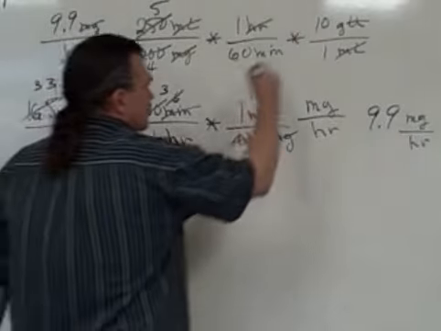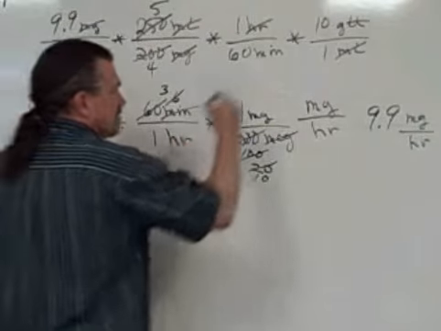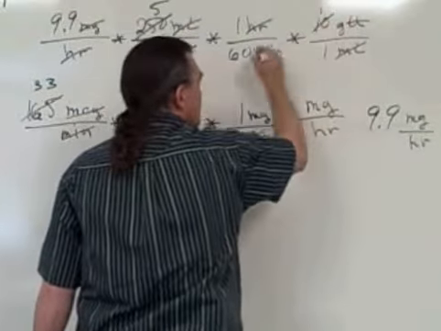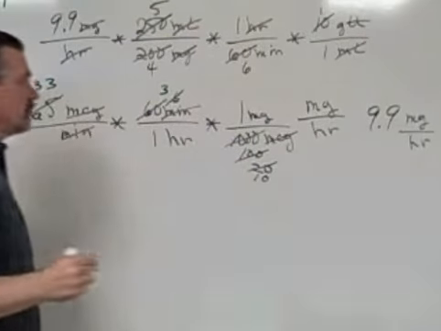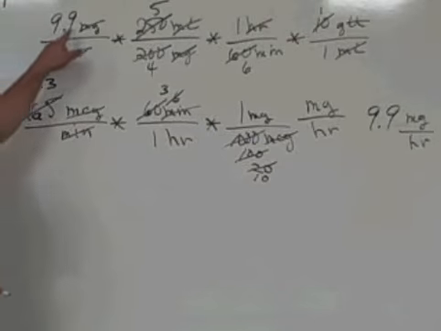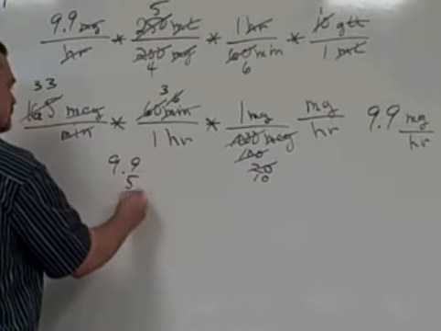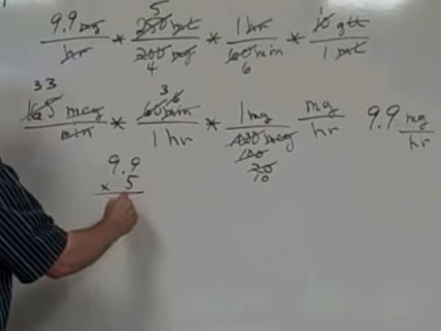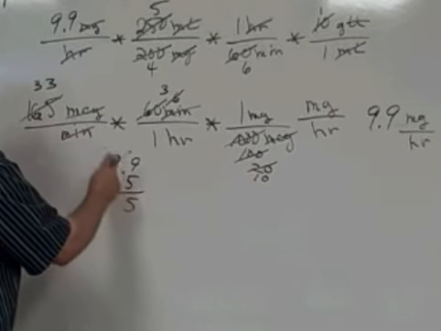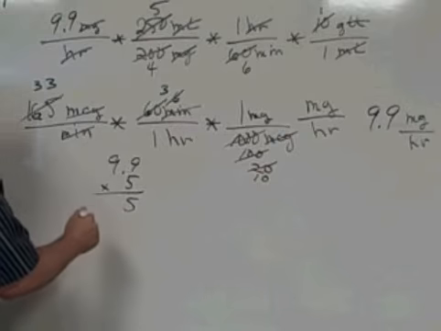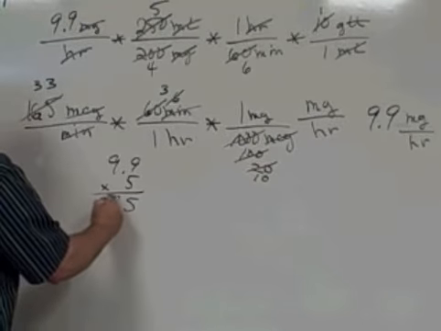And what about the 10 and the 60? 10 would go into 10 1 time, 10 would go into 60 6 times. Not much of anything else we can do as far as canceling. So we have 9.9 times 5. 5 times 9 is 45. Down 5 and carry the 4. 5 times 9 is 45, and 4 is 49.